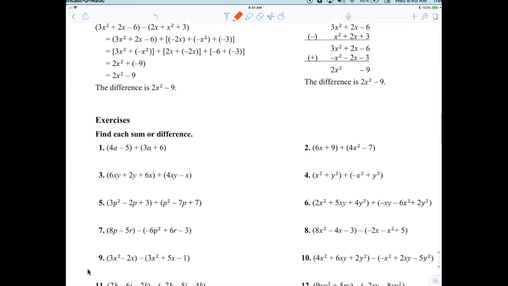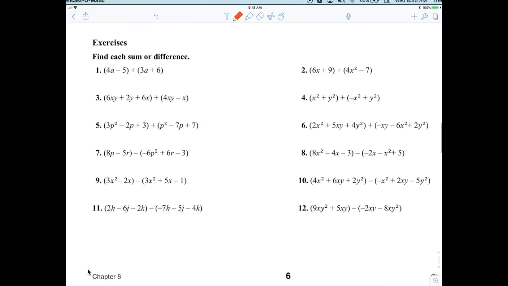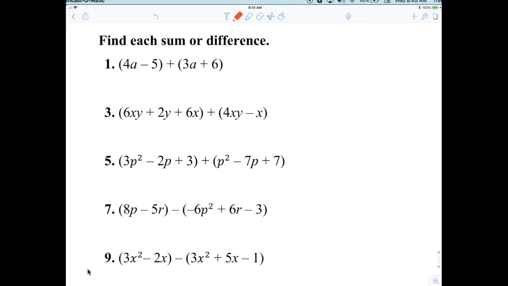Now, this is honestly the easiest thing we're doing. All we're doing is combining like terms. The only thing that makes it a little more difficult is that last year we just had x and y, and now we might have xy or x squared y's. So you just have to remember, everything that's added and subtracted has to be exactly the same.